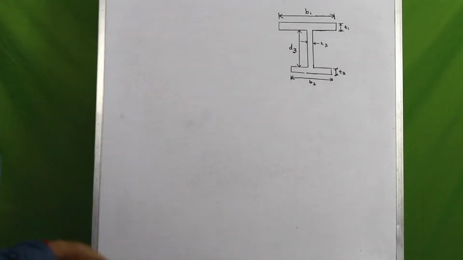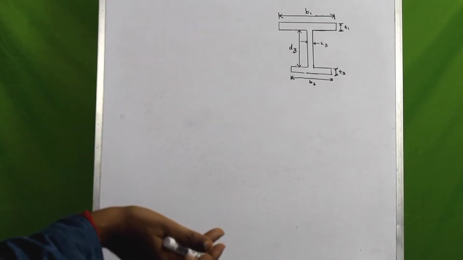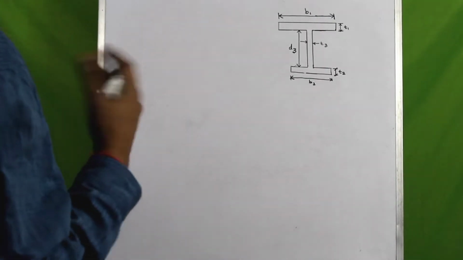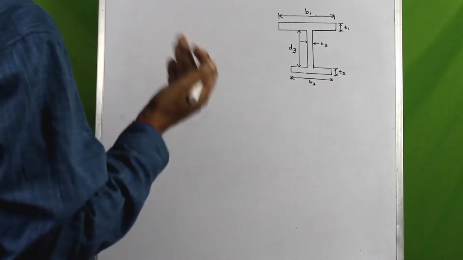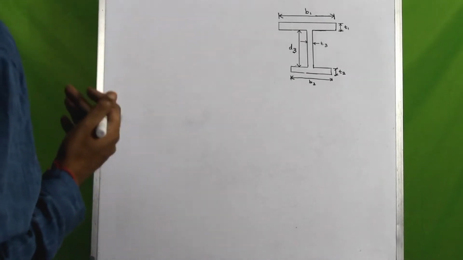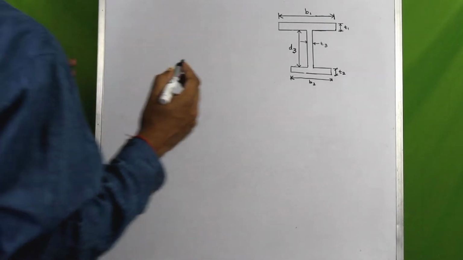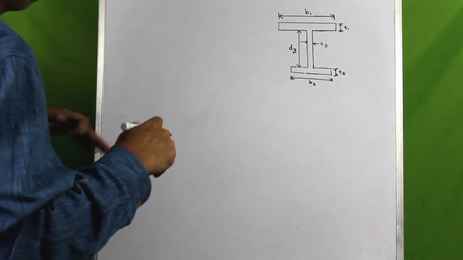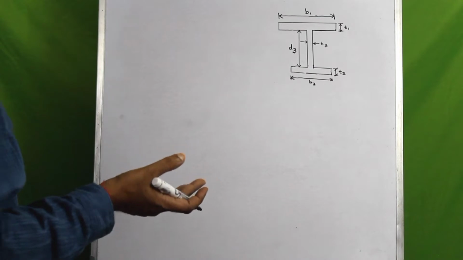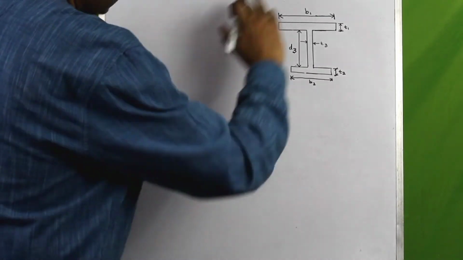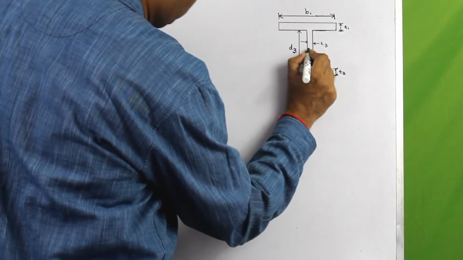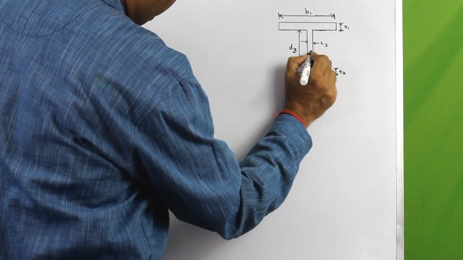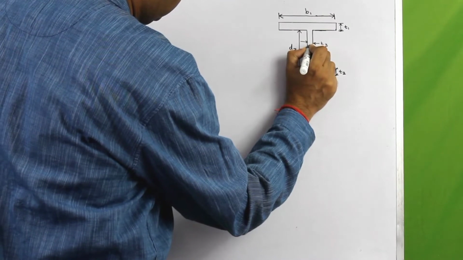Well, the first thing that we would need to identify is the centroidal axis. Firstly, we have to understand which axis we want to calculate the moment of inertia about. We want to calculate that about the horizontal centroidal axis. So the first thing you need to do is identify the centroid of the whole cross section, which would be somewhere around here.